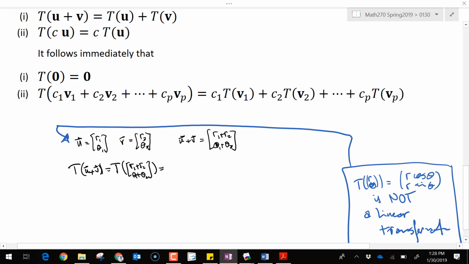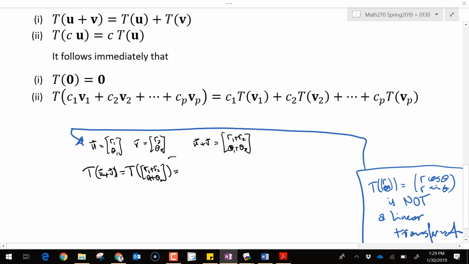So we're going to put r1 plus r2 in for r. So according to this transformation, this is supposed to equal (r1 plus r2) cosine of (theta 1 plus theta 2), (r1 plus r2) times sine of (theta 1 plus theta 2).